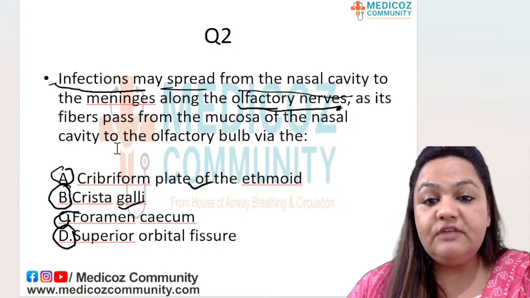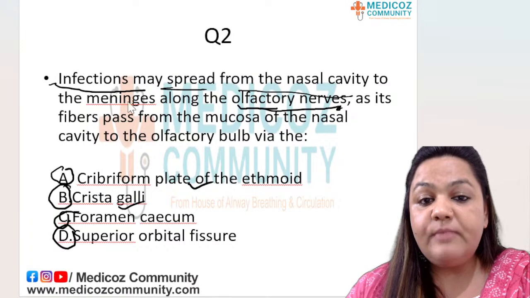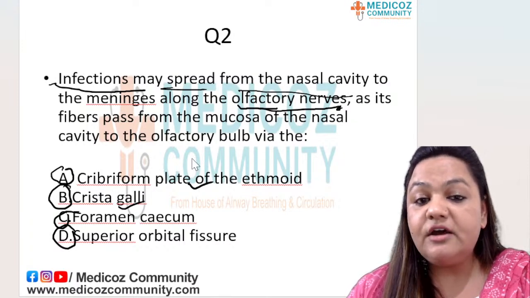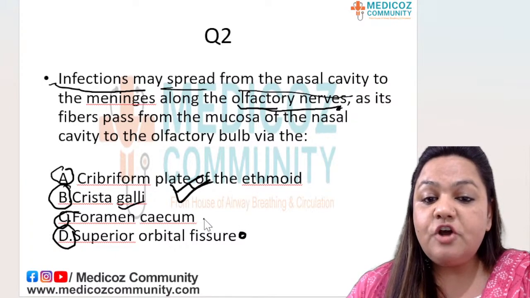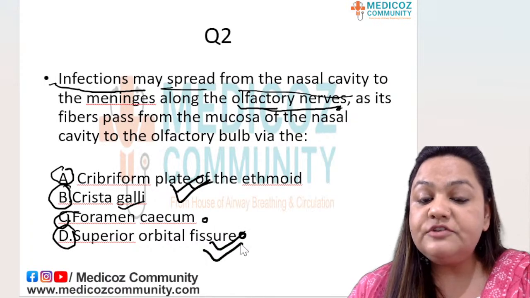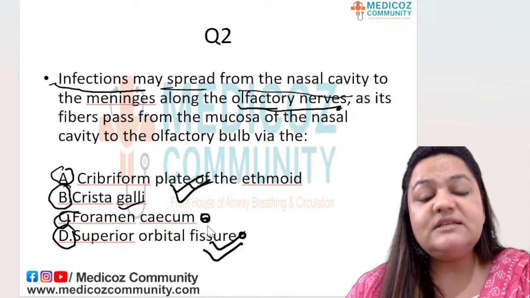So if there is an infection here, it can spread from the nasal cavity to the meninges along with the olfactory nerve through which space? Through the cribriform plate of ethmoid bone. Okay. Now we have other options here, like the superior orbital fissure, which is in the middle cranial fossa. Then we have the foramen cecum, which is a blind foramen.